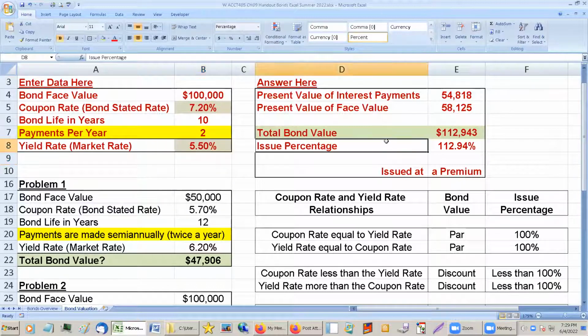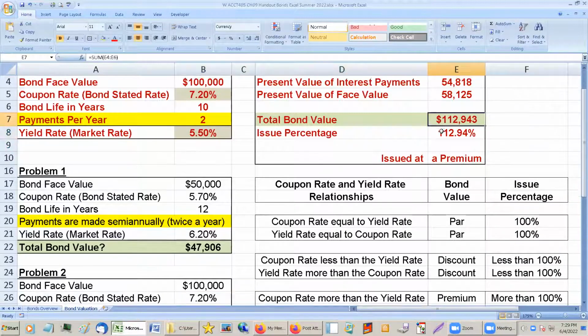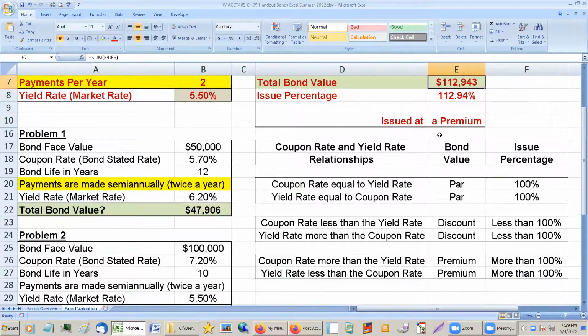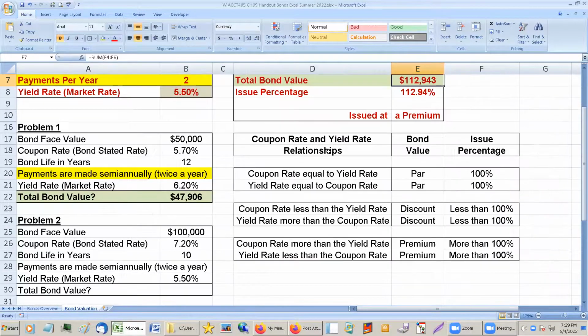Okay. What's the bond value? The bond value is 2,943.